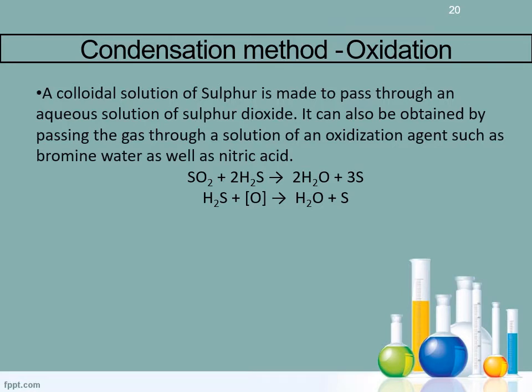In the oxidation process, a colloidal solution of sulfur is made by passing hydrogen sulfide through an aqueous solution of sulfur dioxide. It can also be obtained by passing the gas through a solution of an oxidizing agent. The oxidizing agent can be either bromine water or nitric acid.